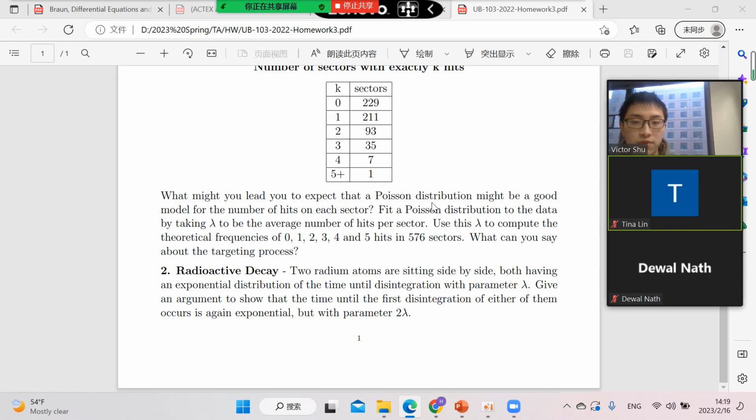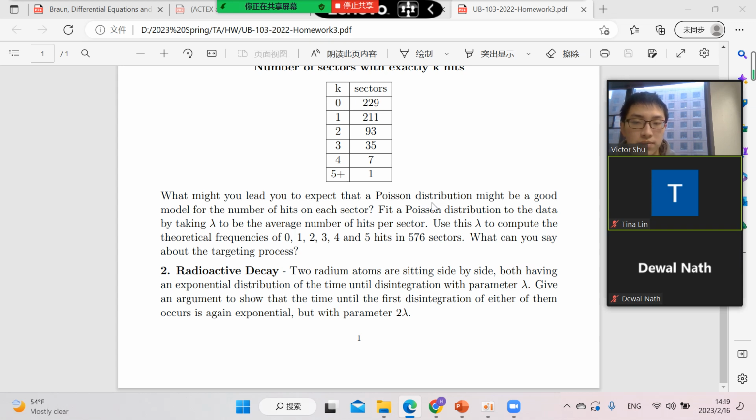And there's a very important conclusion. If A and B are two independent events, then the probability of A intersect B is just equal to the probability of A times the probability of B. That's a very important conclusion of independence.